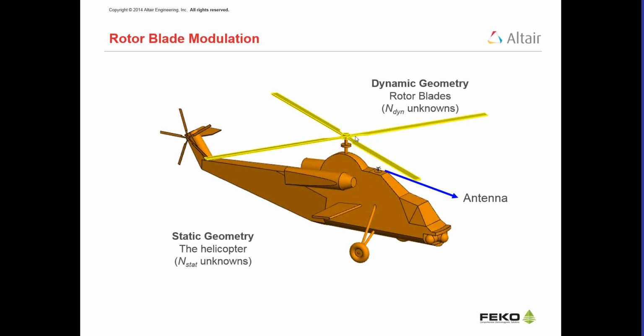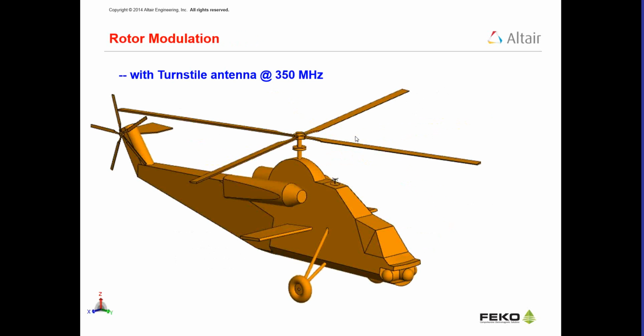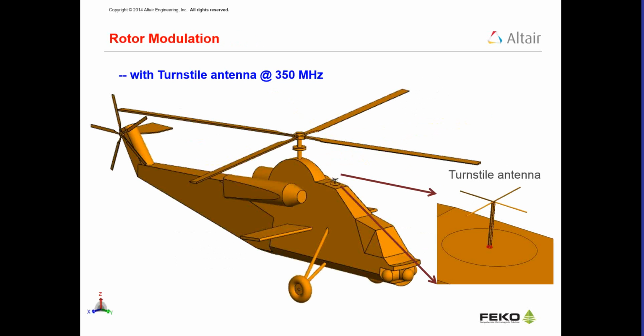So the first location of the blades, one can do the whole problem, but then store the static part in the file and reuse it for various rotation angles of the rotor blades. So we take the turnstile antenna at 350 megahertz.